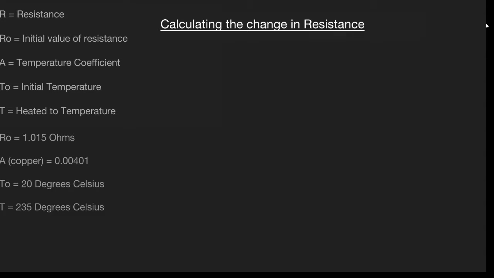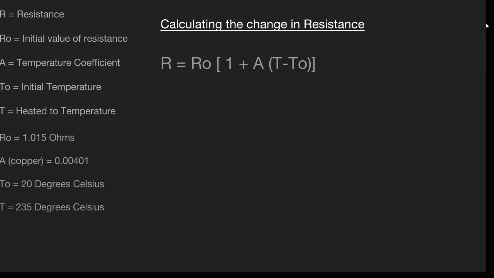And I used 235 degrees Celsius for the end case, which is the cosmic background temperature. And 1.015 ohms is going to be the value of resistance at 20 degrees Celsius. So what we're finding is the resistance at 235 degrees Celsius.